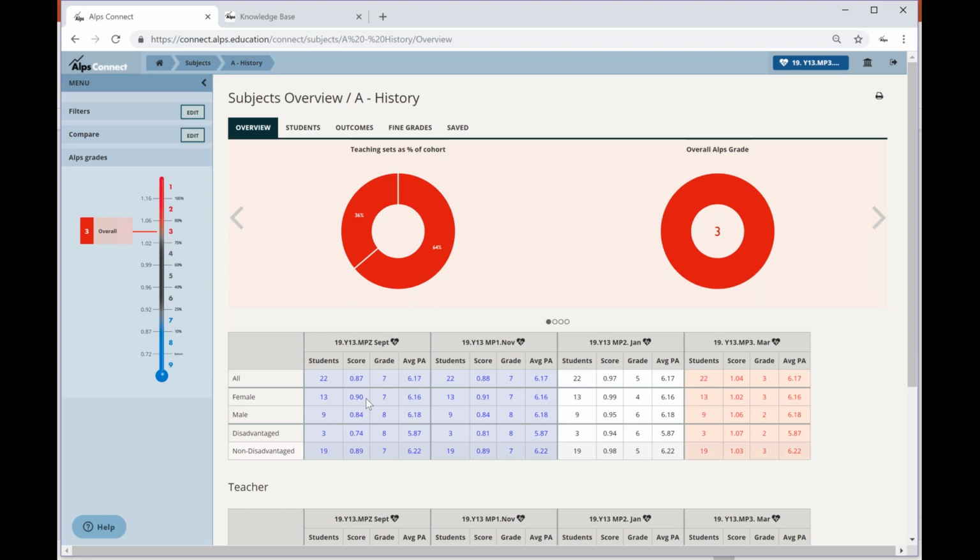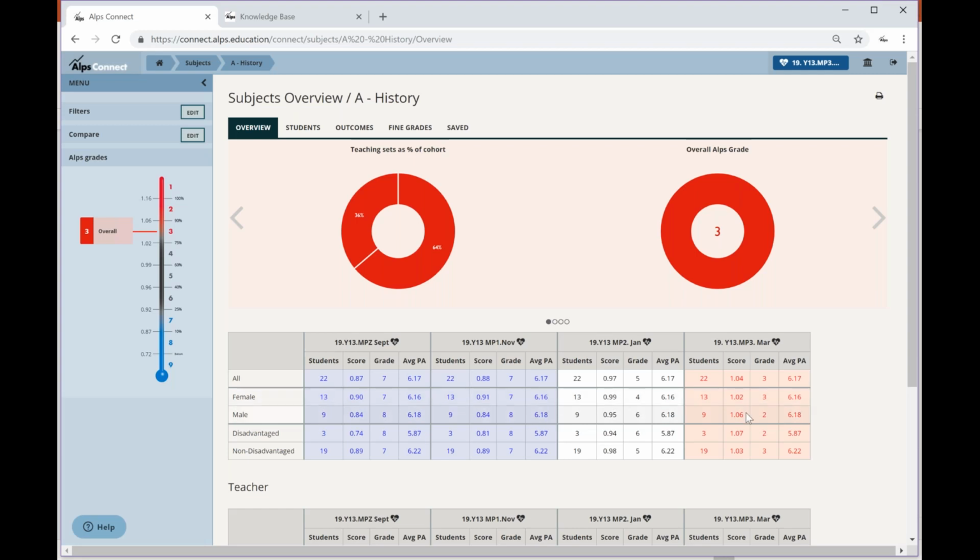I've got a table, so this is starting now to show the group difference, the gaps difference. So you can see in history that there's female and there's male. Now 0.2 is equivalent to a grade per student. So the fact that there's only 0.04 between those 2 groups of students means that actually there's very little gap.